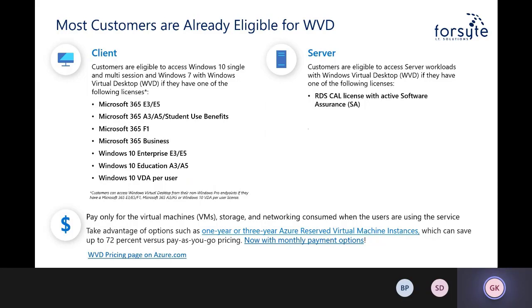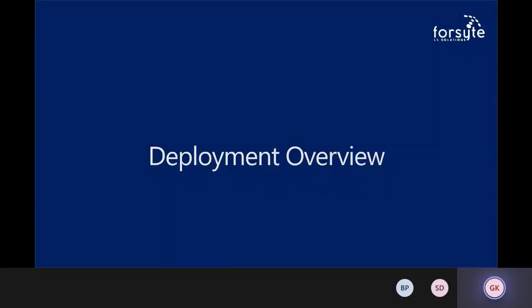And now Microsoft has introduced monthly payment options for those reserved instances. So a great way to do it is go ahead and work with your reseller, purchase those reserved instances, and apply that directly to the virtual machines that you have. That's going to save just a boatload of money.